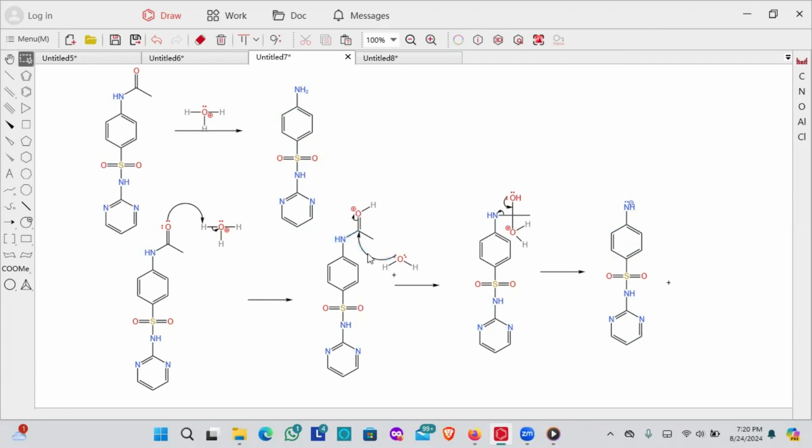Once the water molecule attacked the carbon, an additional water molecule is going to grab a hydrogen from this, from the positive charge here. Let's show that. Let's show the hydrogen before the covalent bond is formed. Before the double bond is formed, another water molecule is going to grab a hydrogen from this water molecule. Let's show that.